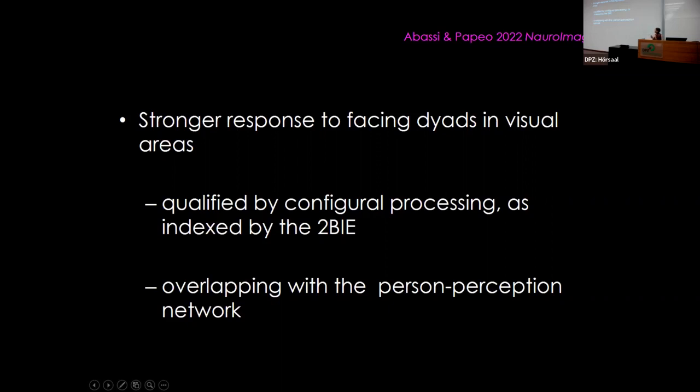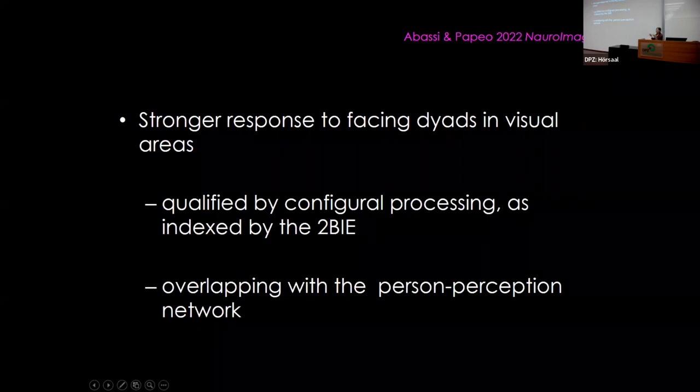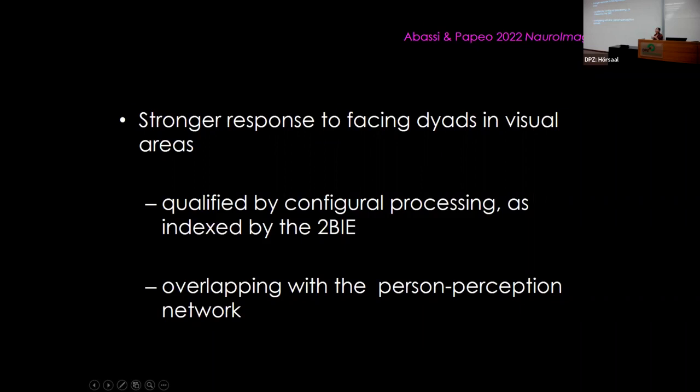And we found that this increase of activity was correlated with our behavioral index of visual sensitivity to facing bodies, and that the network of areas that perform this computation overlaps with the parts of the brain that are selective to face and body perception.